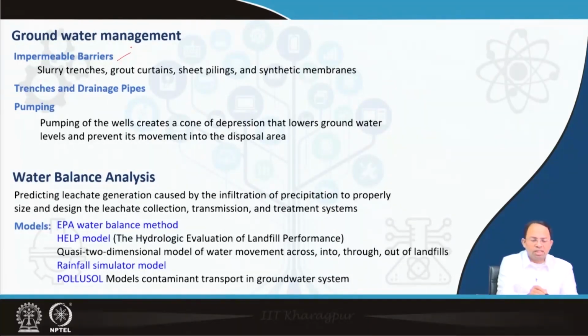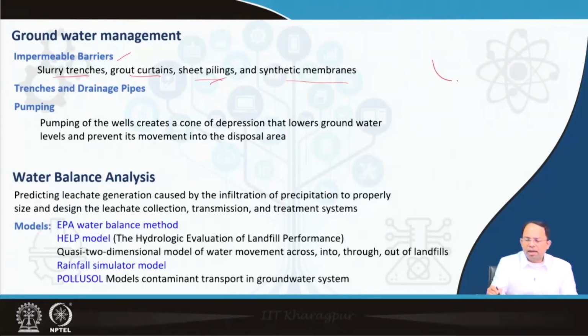That means we put some slurry trenches, grout curtains, sheet pilings, synthetic membranes to prevent the groundwater from mixing with the waste, or, if it is a lined system, also from influencing the liner system. So that kind of protective measures are given.